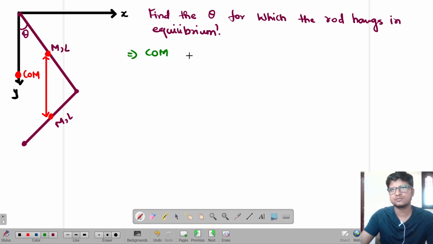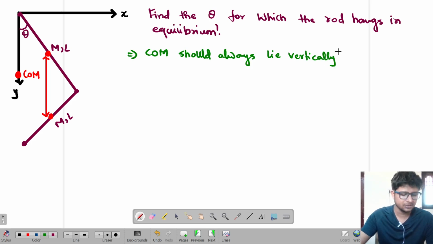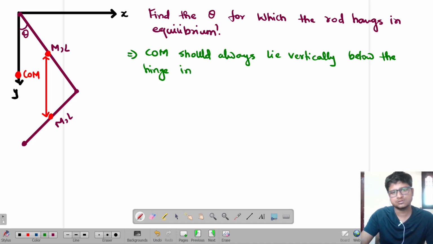COM should always lie vertically below the hinge in order to stay in stable equilibrium.